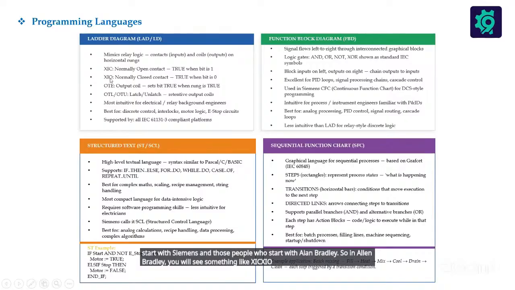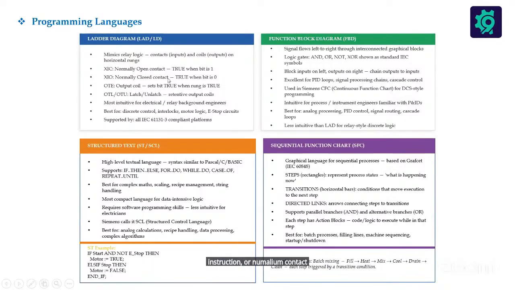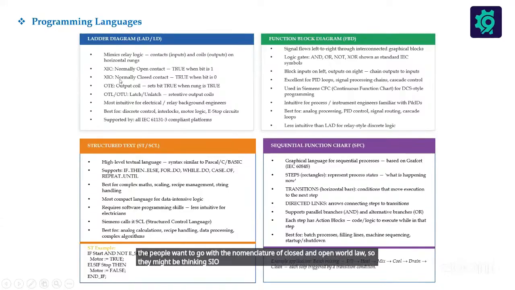In Siemens, you might see normally open contact and normally closed contact. Because people want to go with the nomenclature of closed and open alone, they might be thinking XIO should be normally open and XIC should be normally closed. That's not the case, because one is the naming. One is more like a noun, while the other is more like a verb.